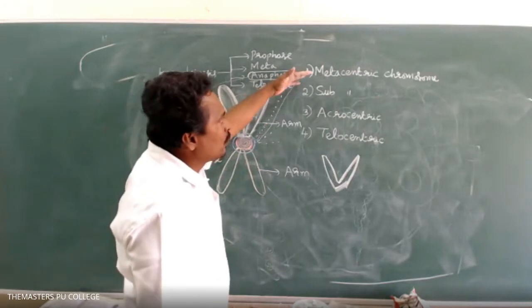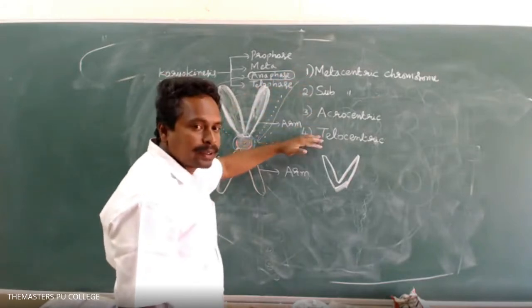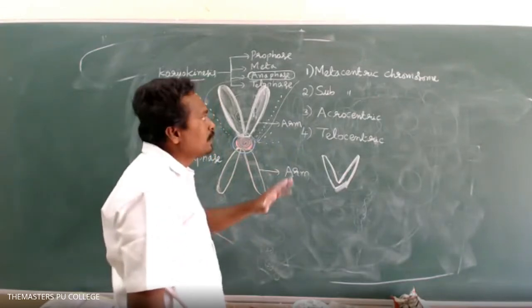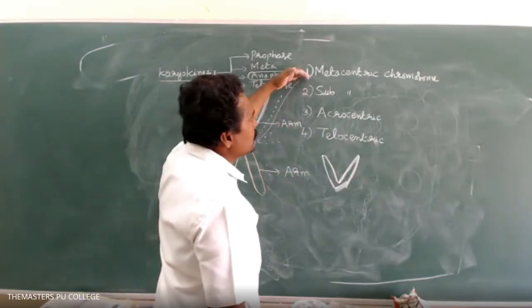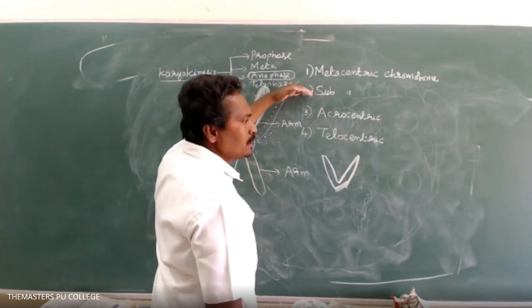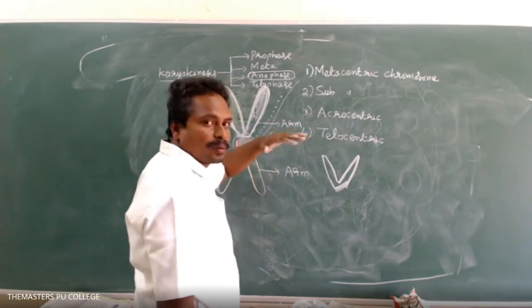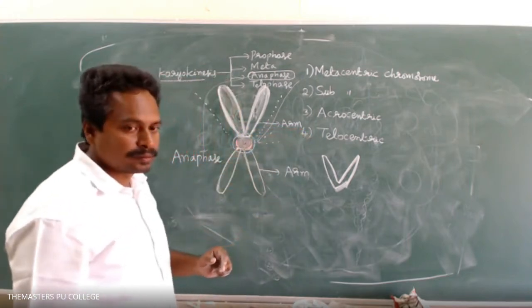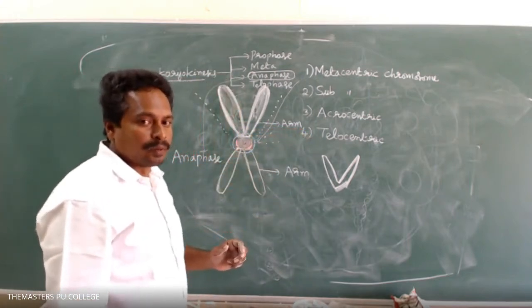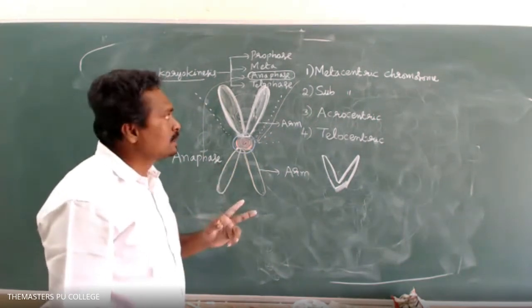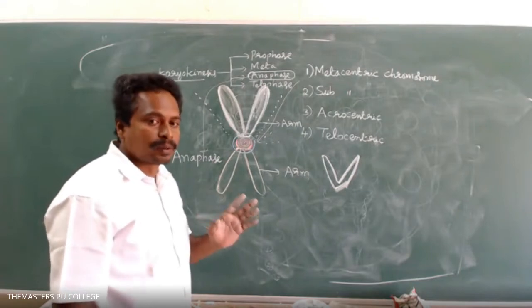Which of the following chromosomes appears like a V shape during cell division? Option 1 metacentric, option 2 submetacentric, option 3 acrocentric, option 4 telocentric chromosome. Very good. Option 1, metacentric chromosome, is the correct answer.